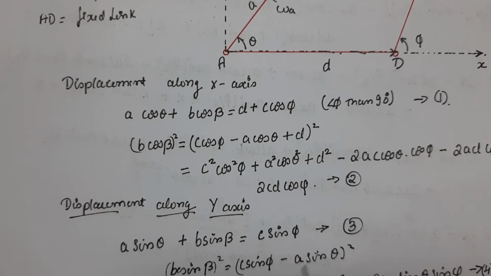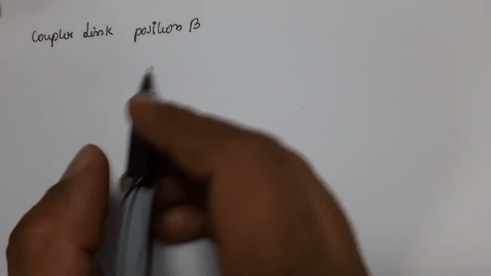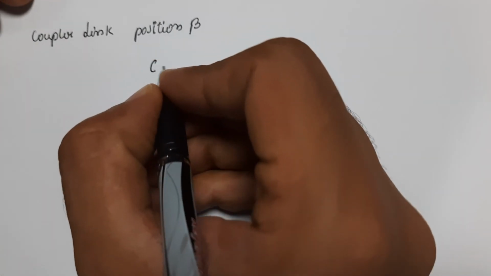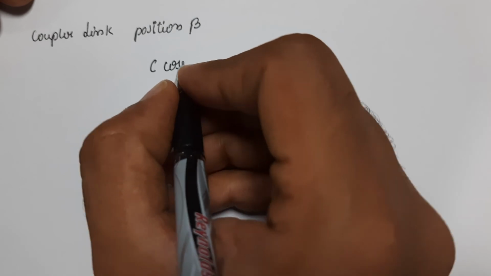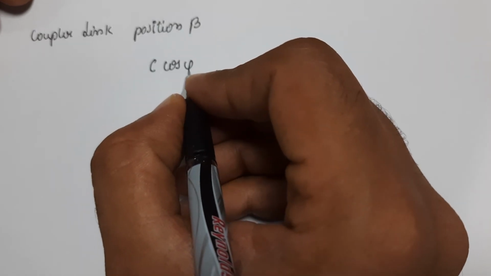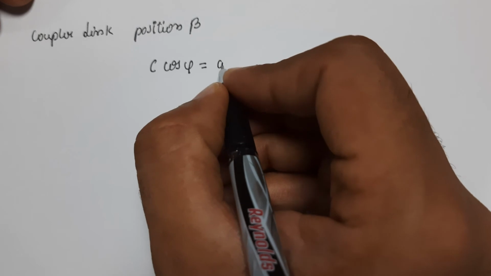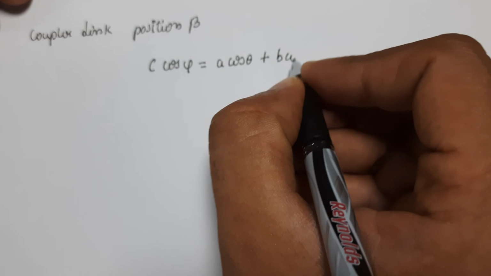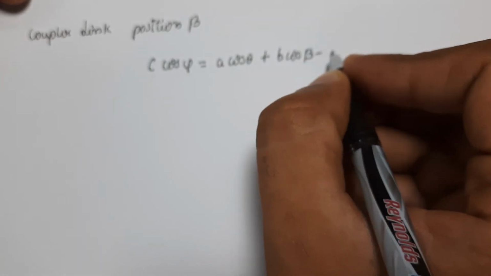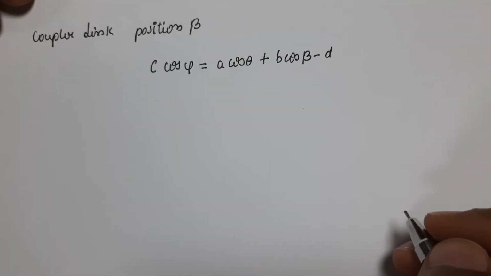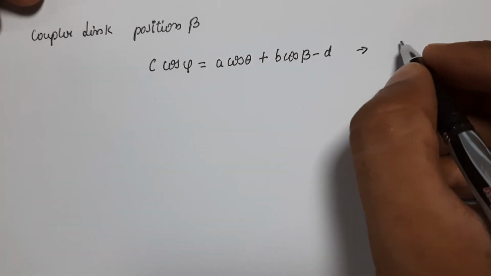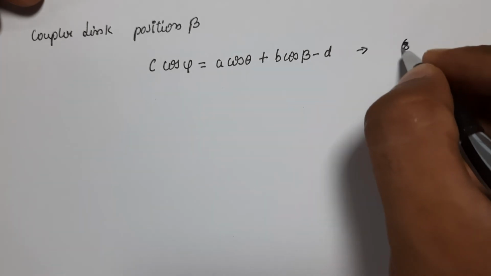So rearranging this, the coupler link position at the angle beta can be written as C cos phi is equal to A cos theta plus B cos beta minus D, and we can take this down as equation number 8.